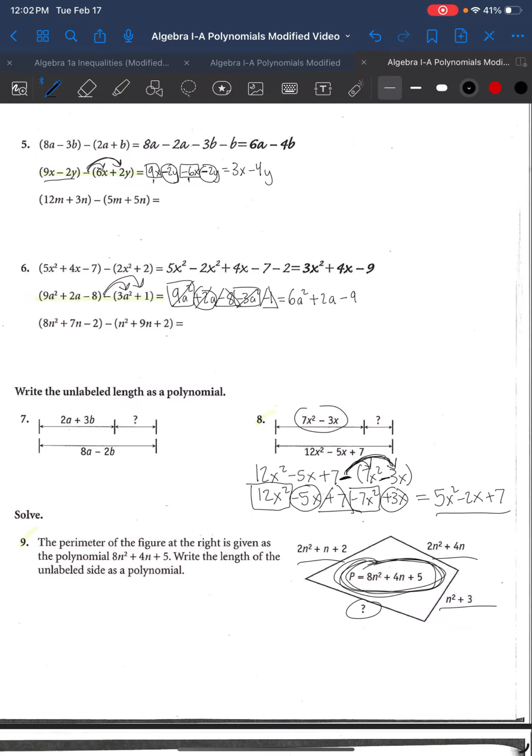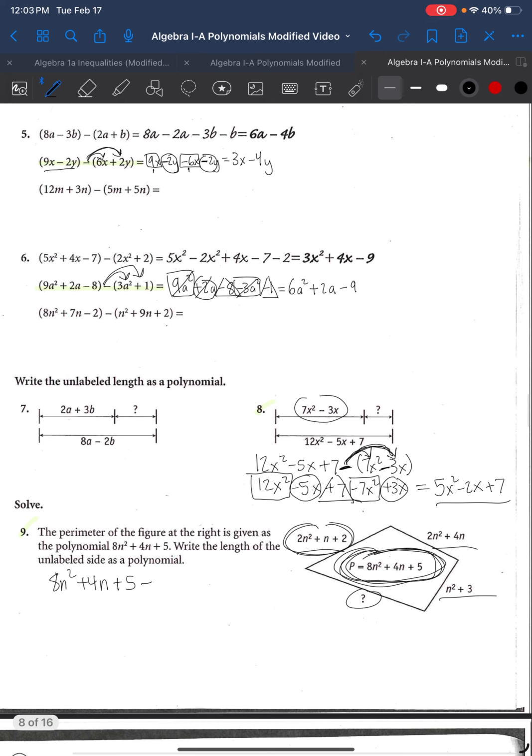So I'm going to start with 8n squared plus 4n plus 5. And I'm going to subtract each of these. Okay, so I'm going to start with subtracting 2n squared plus n plus 2.